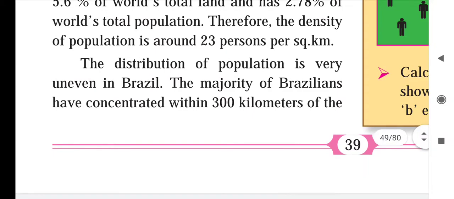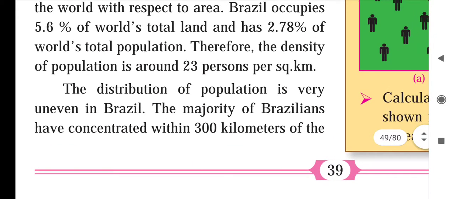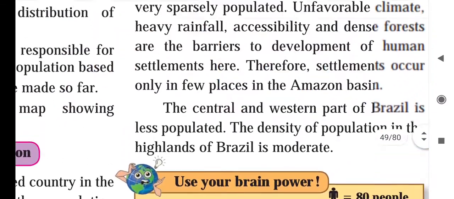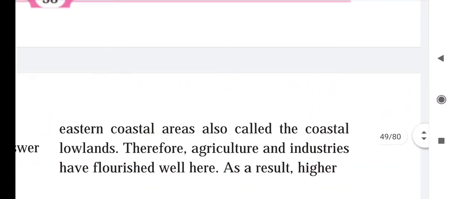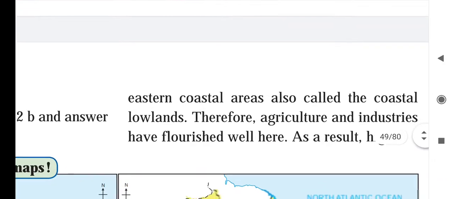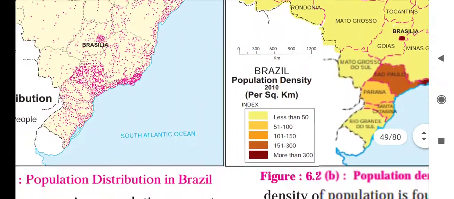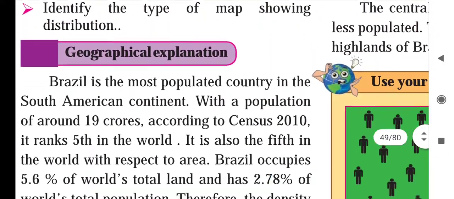The majority of Brazilians are concentrated within 300 kilometers of the eastern coastal areas, also called the coastal lowland. So we can see the coastal lowlands, their population is very dense.